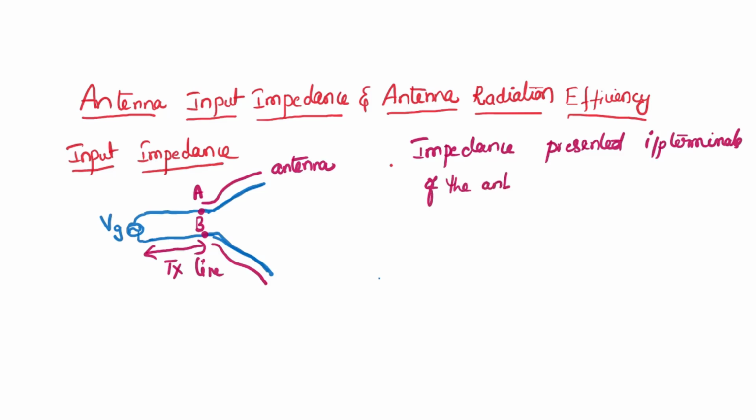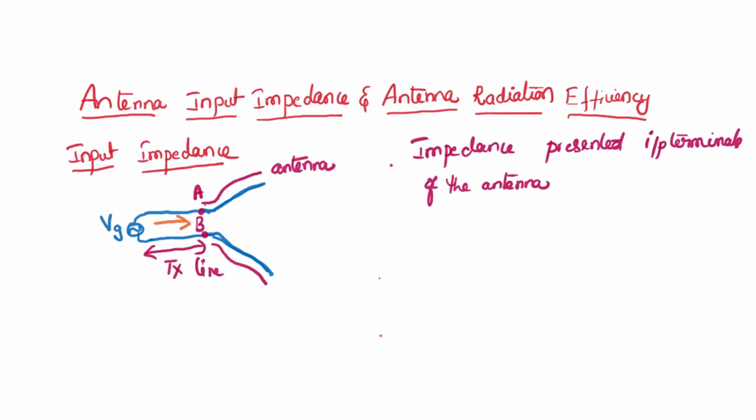What are the input terminals here? This A and B are the input terminals, because from this side we are giving the signal, and after reaching the input terminals the signal gets radiated by this antenna structure.